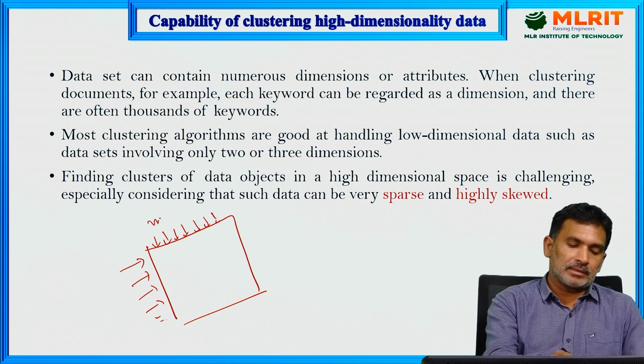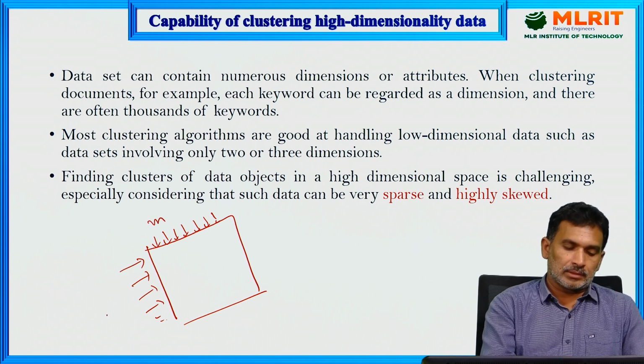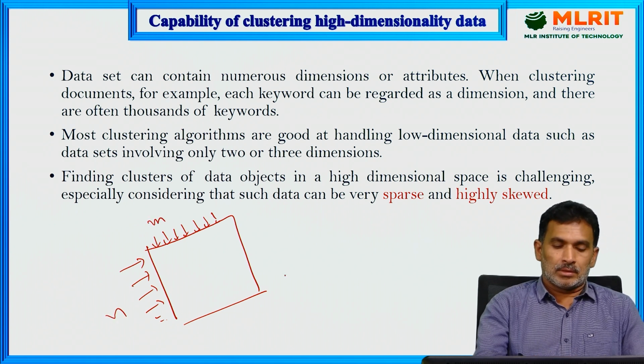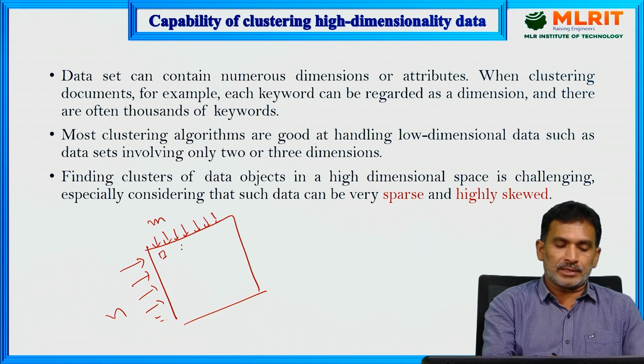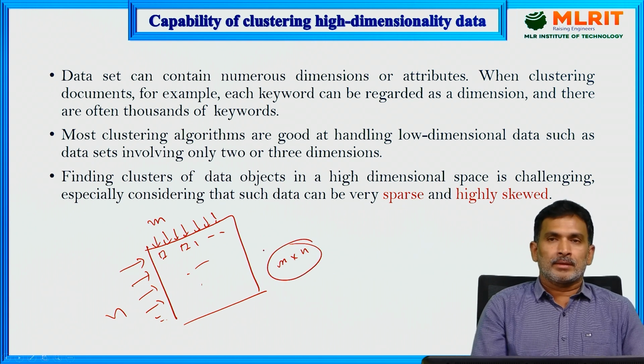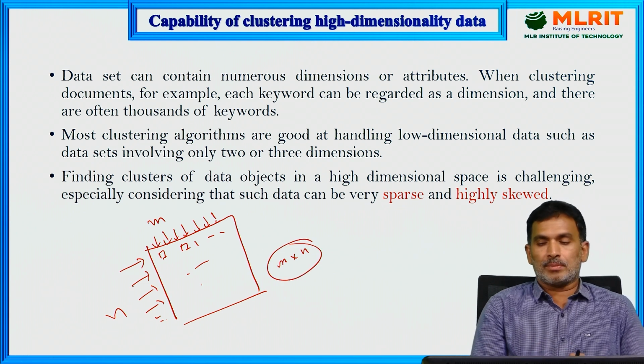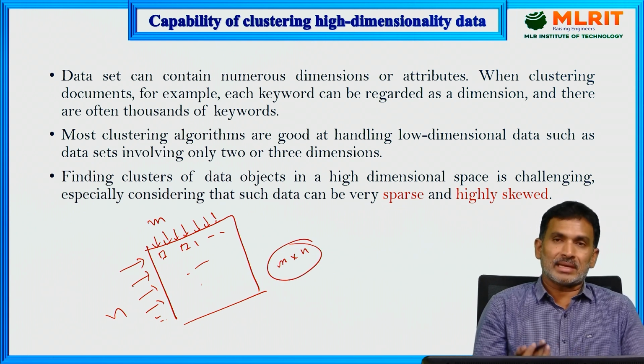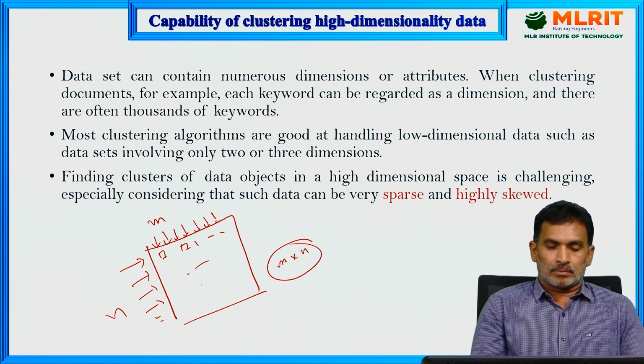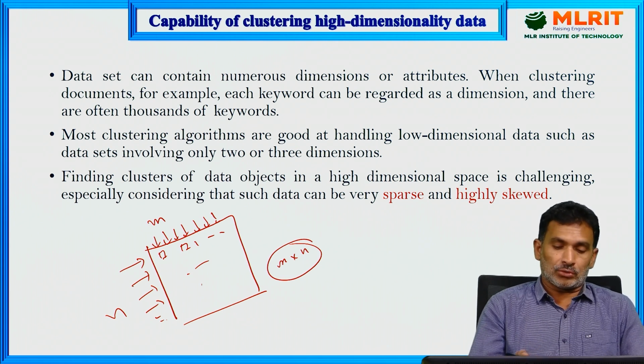Let us say m attributes and n tuples. So this data set is going to have m times n values. Those many values need to be processed, or the search space of any algorithm would depend on this m times n.